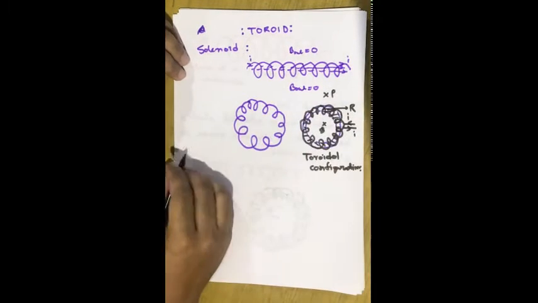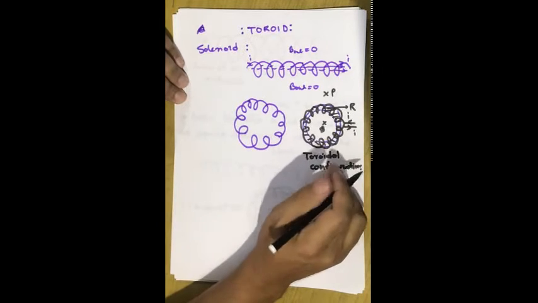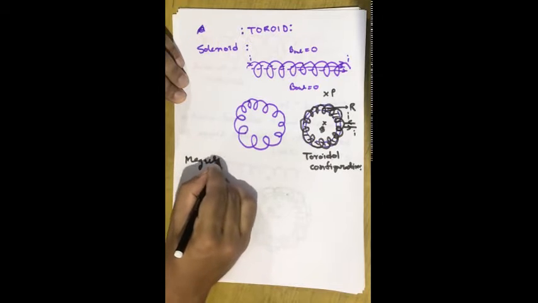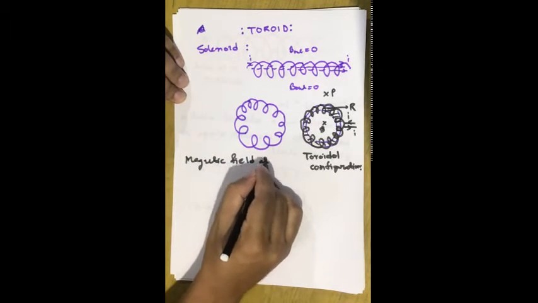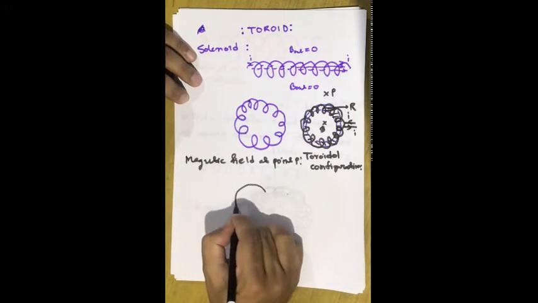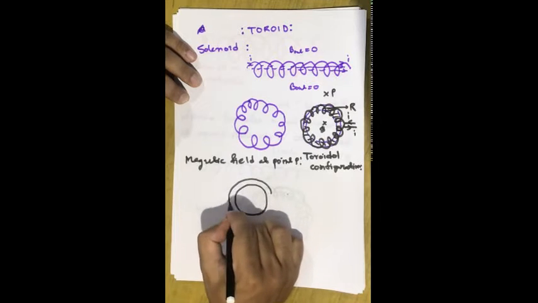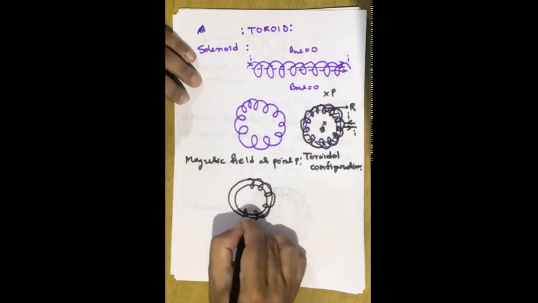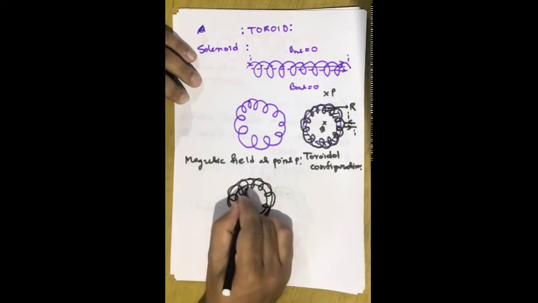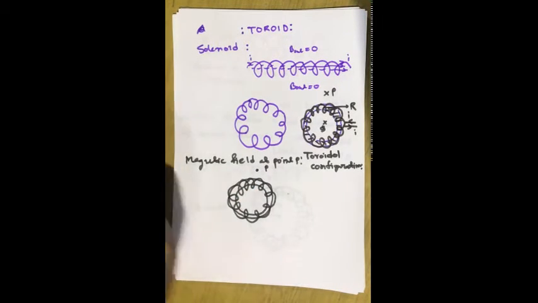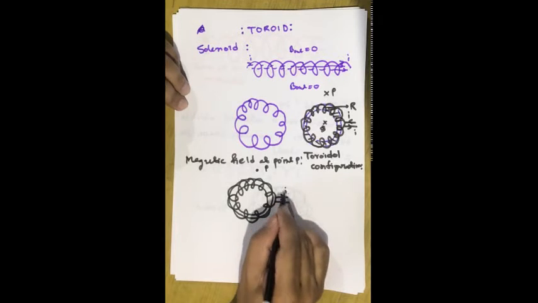So first we are going to determine the magnetic field at the point P due to this toroidal current. Okay, so the magnetic field at point P. Say this is the toroid, and we are going to determine the magnetic field at the point P. So current I enters here, leaves here, and enters at this point.